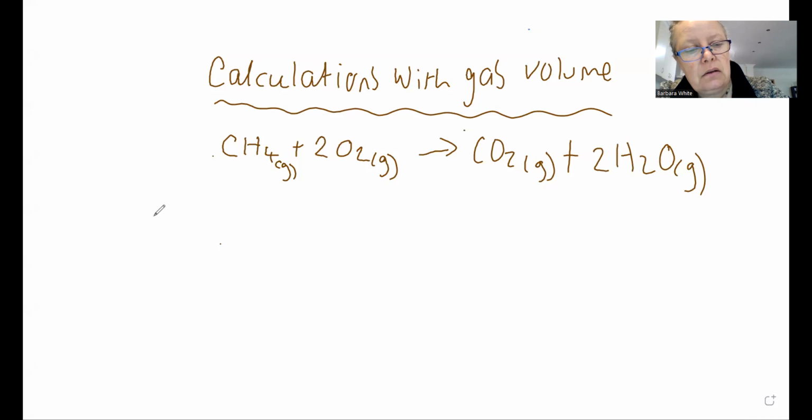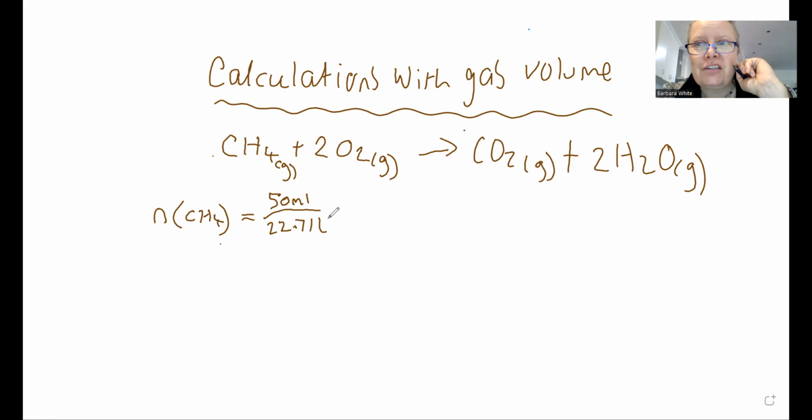Number of moles of methane is going to be equal to the volume divided by molar volume. So it equals 50 mils divided by 22.71 litres. Okay, we're going to have to change units.